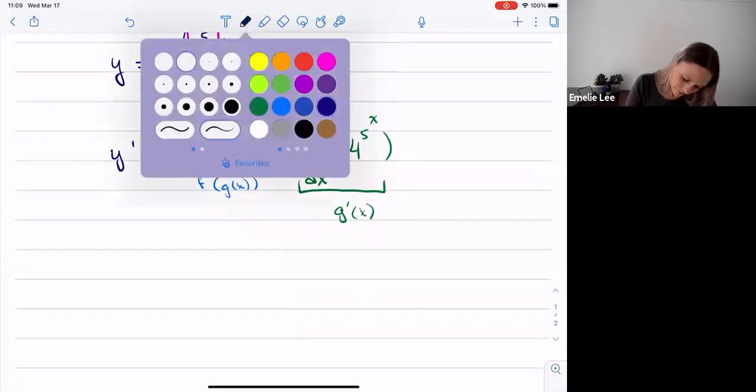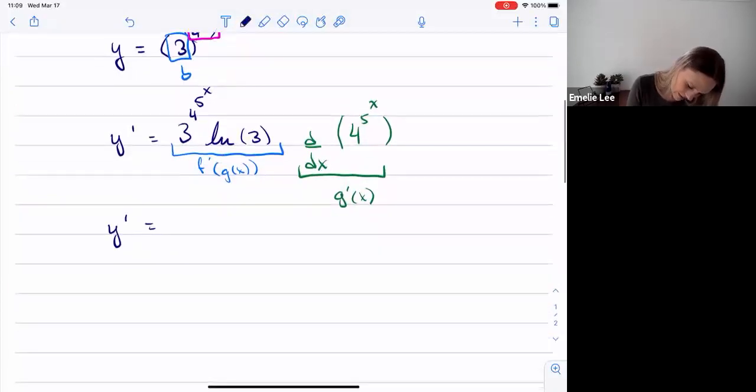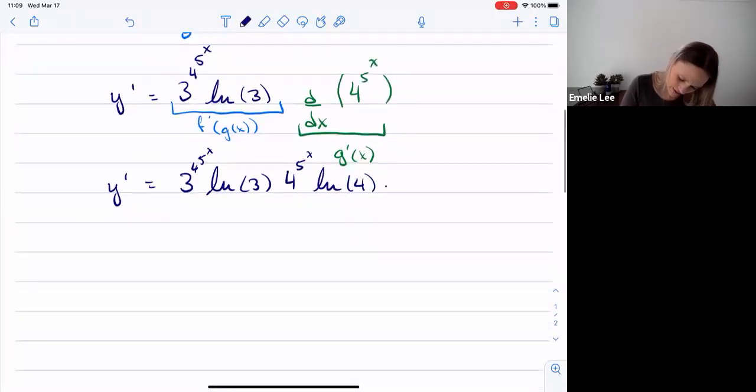So we end up with y prime is 3 to the 4 to the 5 to the x times the log of 3 times 4 to the 5 to the x, same idea, times the log of 4 times the derivative d/dx of 5 to the x. Sorry, just a second.